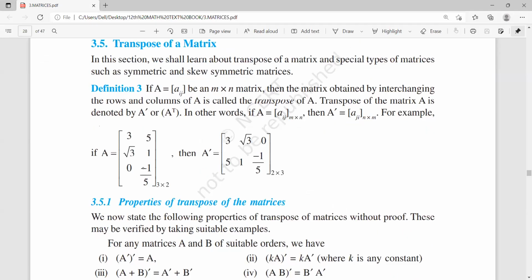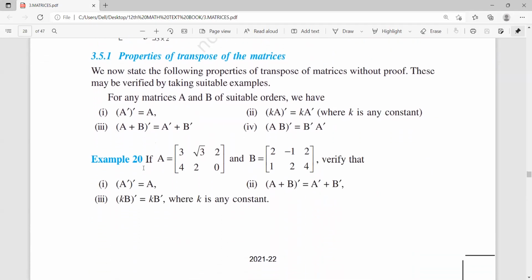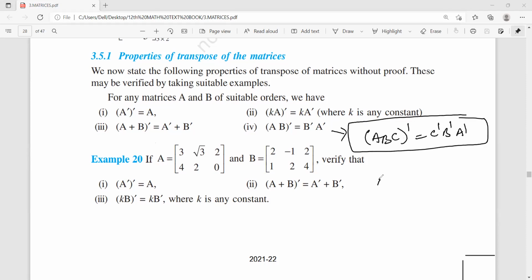Okay, the transpose definition and the properties of transpose. (AB) transpose is B transpose into A transpose. Here I would like to say one more thing: (ABC) transpose is C transpose, B transpose, A transpose. Why? Because (AB into C) transpose is C transpose into (AB) transpose.